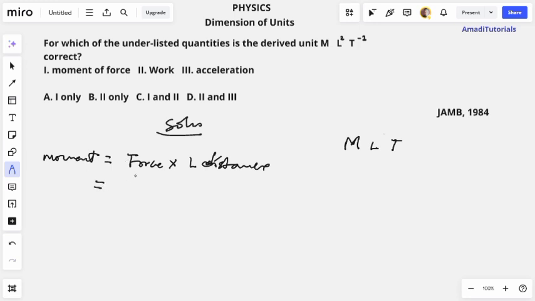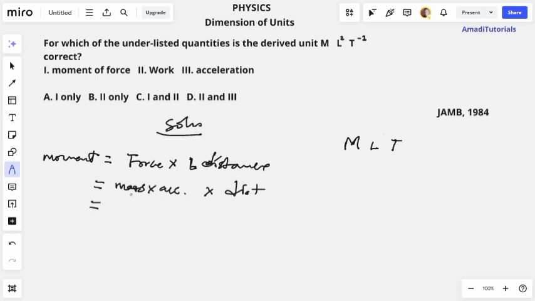And then force on its own, if you split it further, the mathematical definition is mass times acceleration, then times what? This distance. This sign here represents perpendicular. Don't mind me, it represents perpendicular. Okay, so times what? Distance.